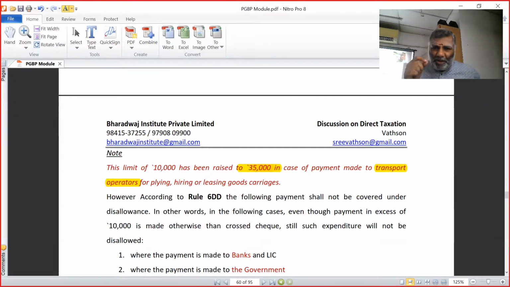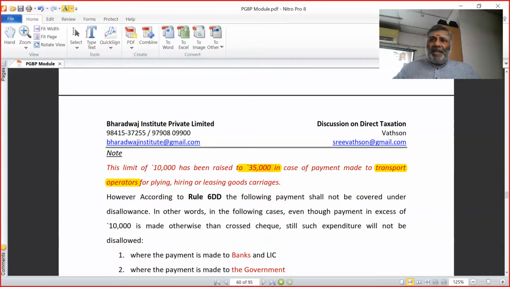But now somewhere make a marking: resident transport operators. One, the 40A(3) limit is 35,000.